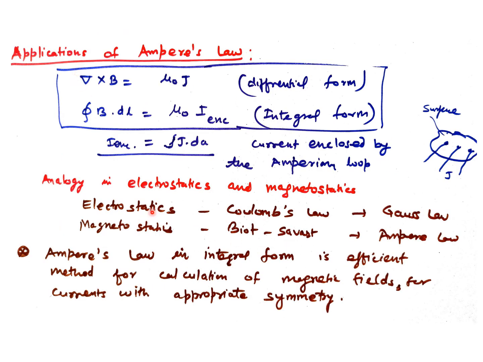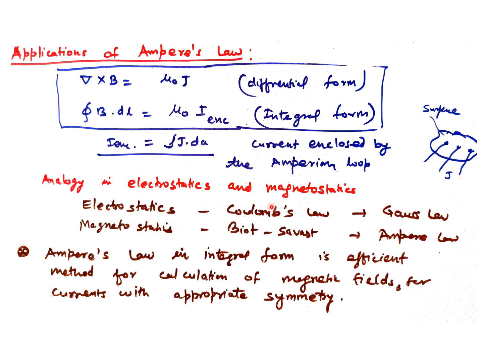And now we have to apply Ampere's law to find the magnetic field. It is an efficient method for calculation of magnetic field for currents with appropriate symmetry. So we will see where we can use this Ampere's law. Ampere's law has the same role as Gauss's law has in electrostatics.